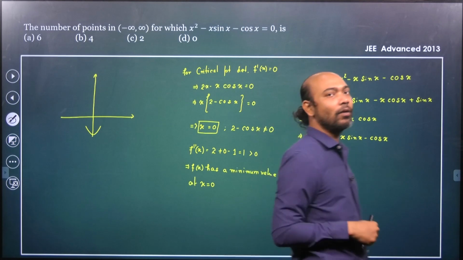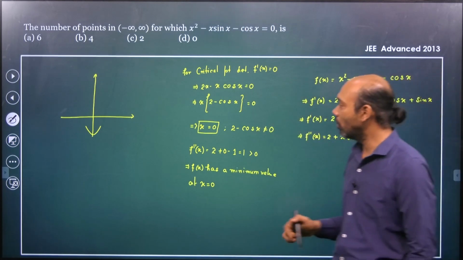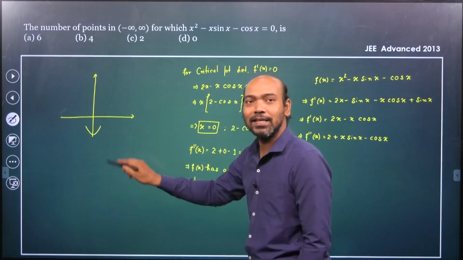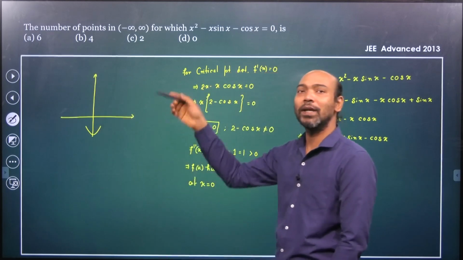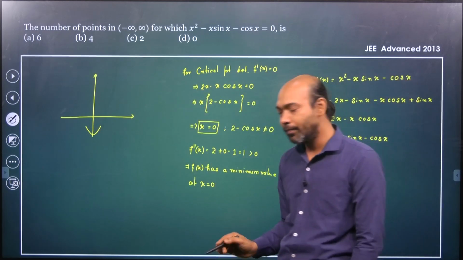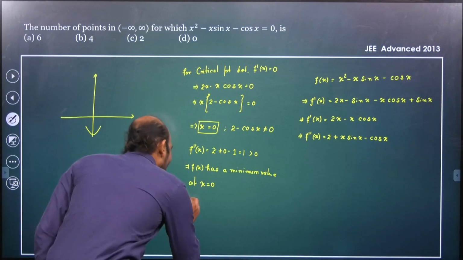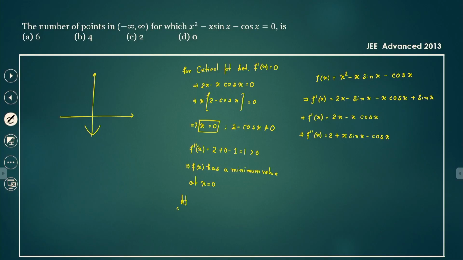So a bell shape, opening upward. Now we don't know whether it may touch the x-axis or cross the x-axis. Now if I take the limit as x tends to infinity, f(x) is definitely infinity here, and the limit as x tends to minus infinity of f(x) is also infinity.